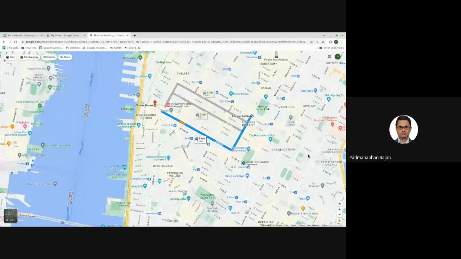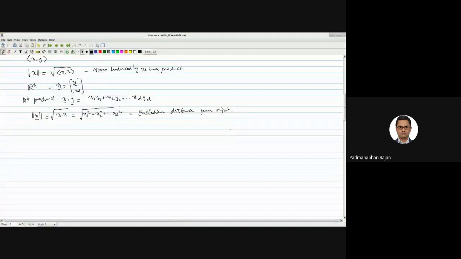So, coming back to our boring text, Manhattan distance. For example, if you have a grid like this, very bad drawing.